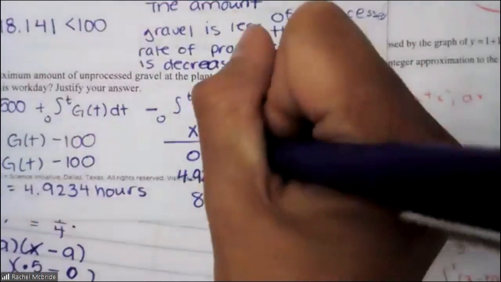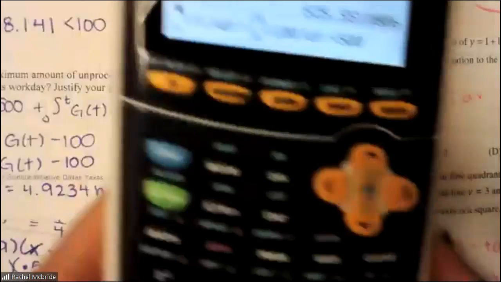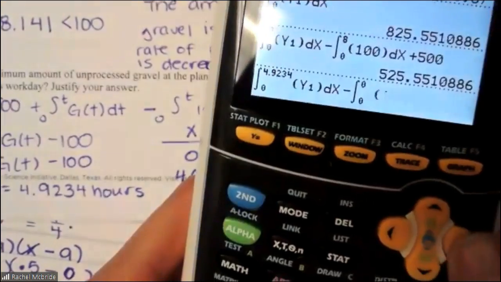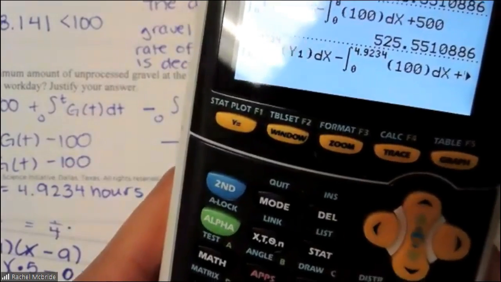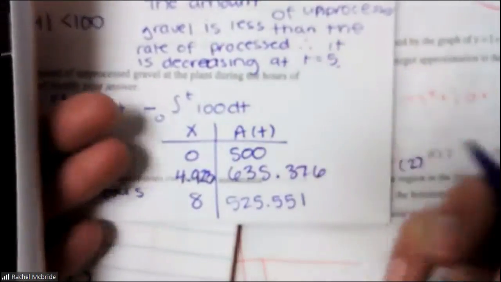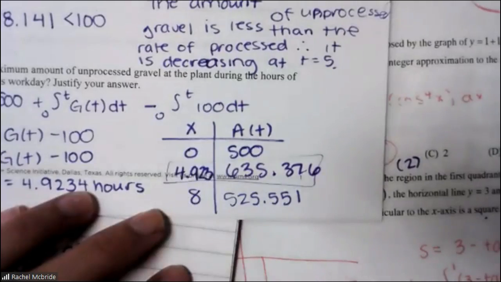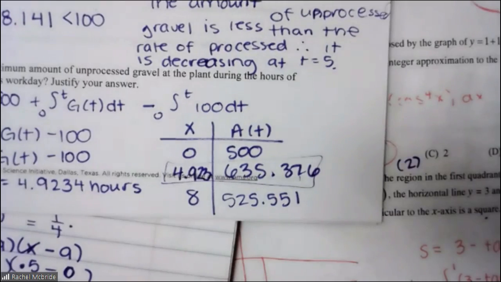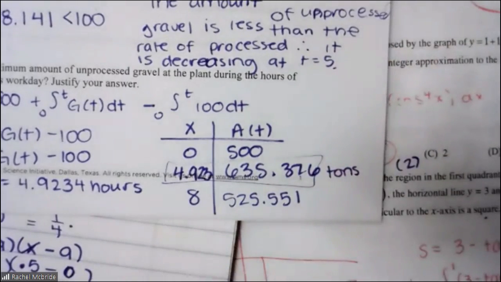So your initial should be 500. That's easy enough. So now we got to change them to that point of intersect, 4.9234. And you get 635.376. So the max amount of unprocessed gravel at that plant during the day is 635.376 tons. So again, that would be in terms of tons.